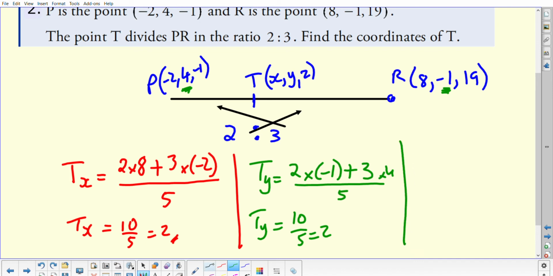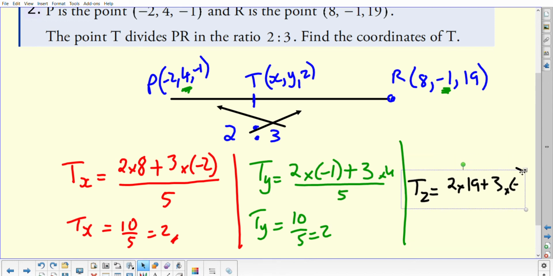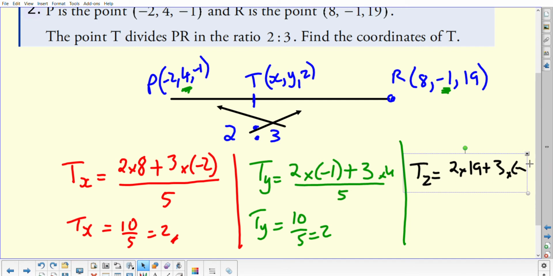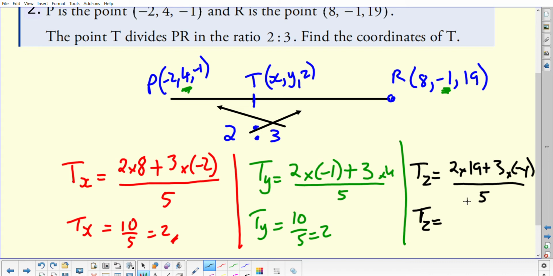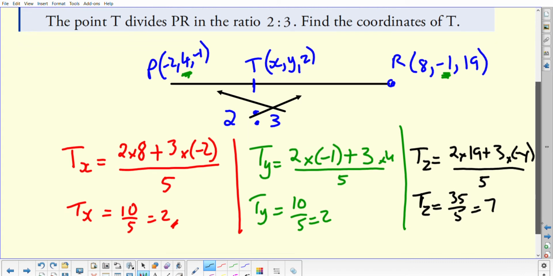And then for the z coordinate, you do exactly the same. So you do 2 times 19 plus 3 times -1, and that all over 5, so that's going to give us 38 minus 3, which is 35 over 5, which is of course 7.